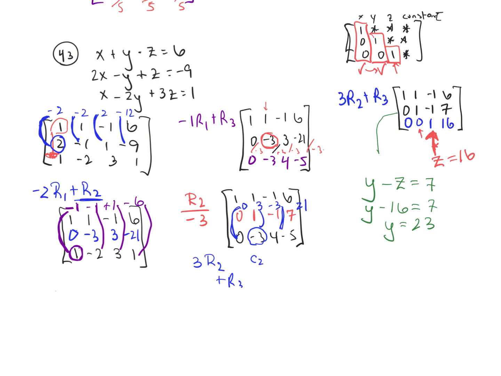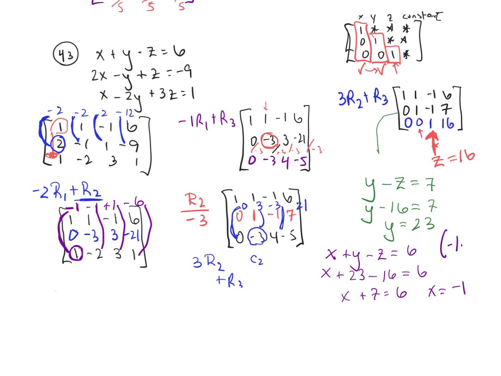Last but not least, the top row says x plus y minus z is 6. x plus 23 minus 16 equals 6. x plus 7 equals 6. So x equals negative 1.